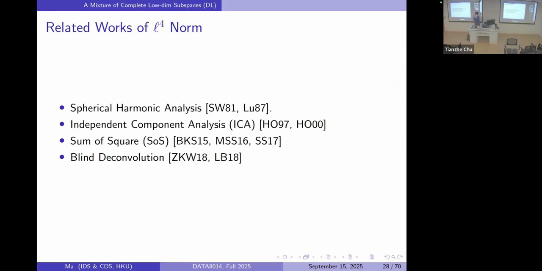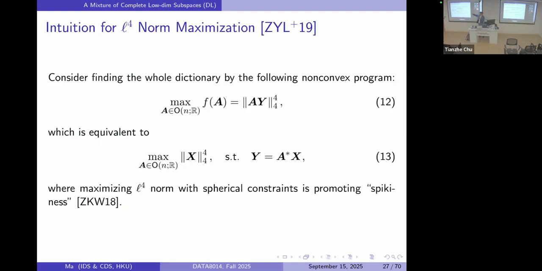Turns out that we're not the first, right? The L4 norm. I started working on this problem at Berkeley, dictionary learning. Then we were trying to prove something about the optimality. We'll talk about that later. I started asking around, because this one has beautiful geometry. We'll see that later.